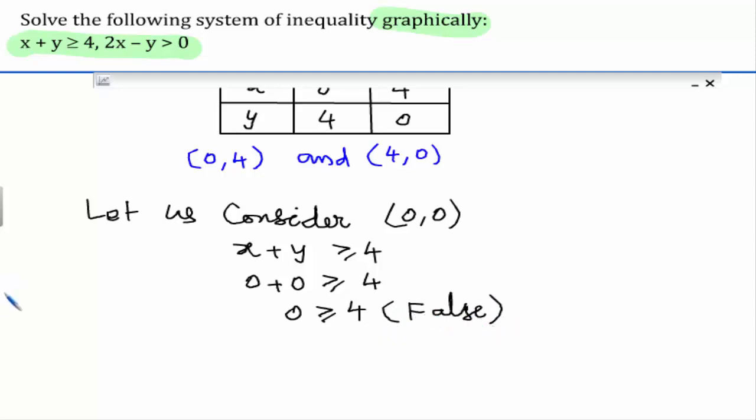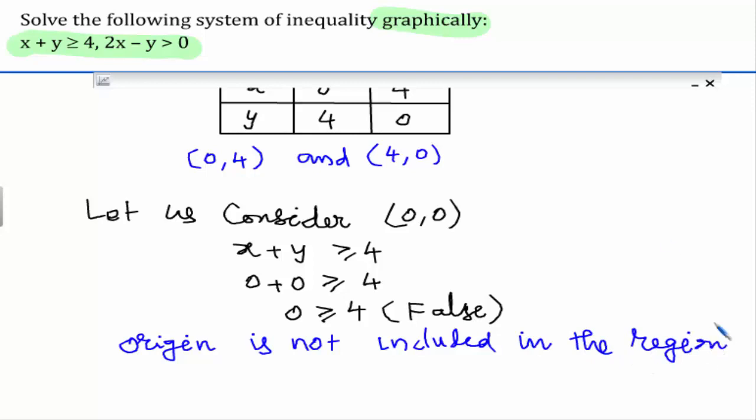That means the point which you have selected, which is origin, is not included in the region.